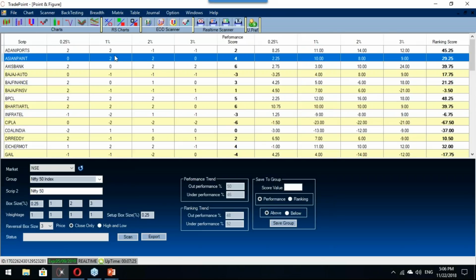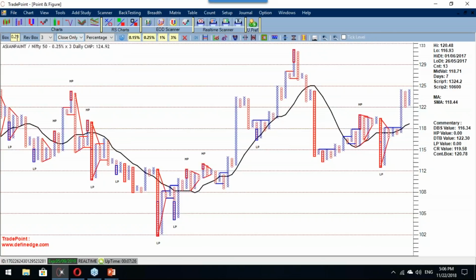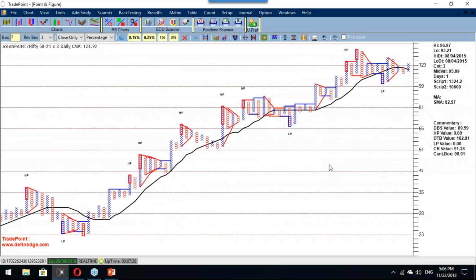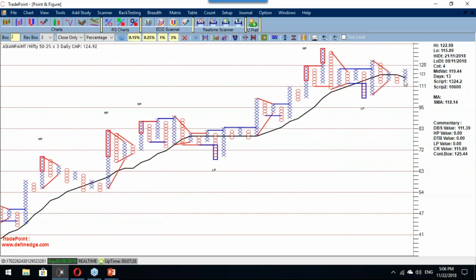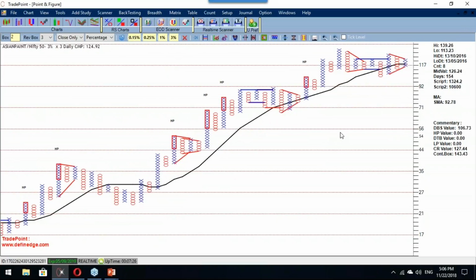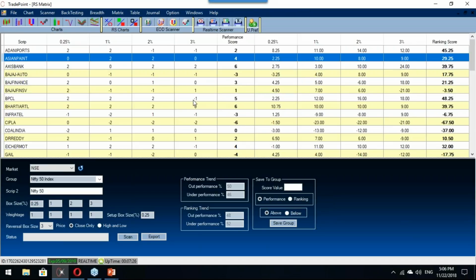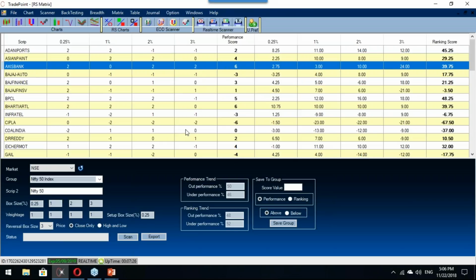Similarly, in a 2% box size, the same deal, right? If you make the box size 2, a buy signal has been triggered and we are in a column of X, score of 2 has been assigned, and here again it's going to be 0, isn't it? In the 3% box size, we are in a triangle, so a score of 0 has been given. So is it clear now?